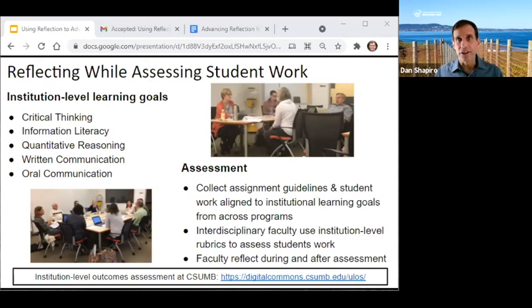And some of those learning goals were determined by WASC, our accrediting agency. So those of you who are in the WASC area will be very familiar with the 5 core competencies: critical thinking, information literacy, quantitative reasoning, written communication, and oral communication. And we were expected to do direct assessment of student work of these 5 core competencies.